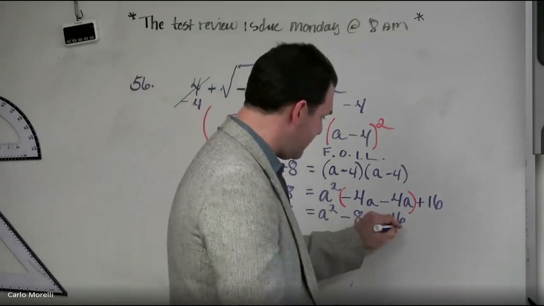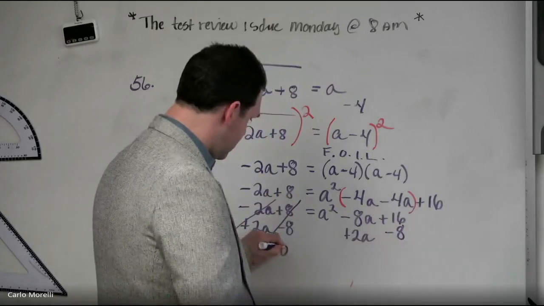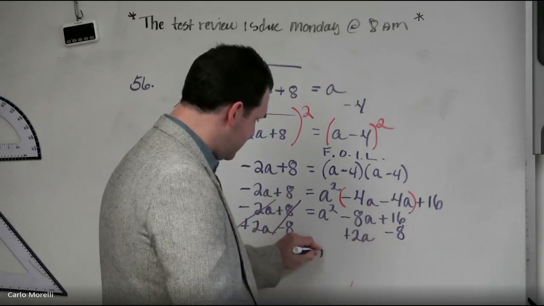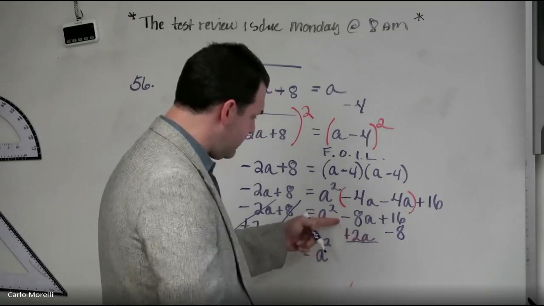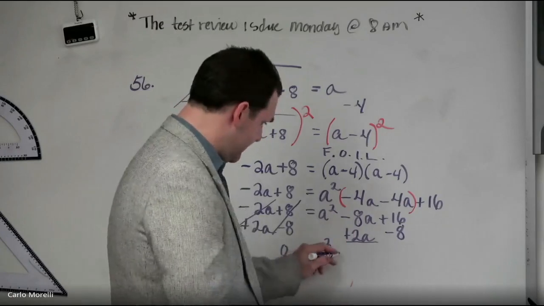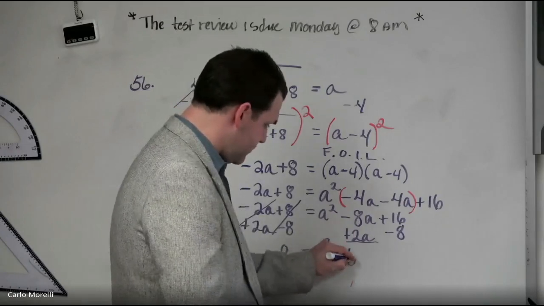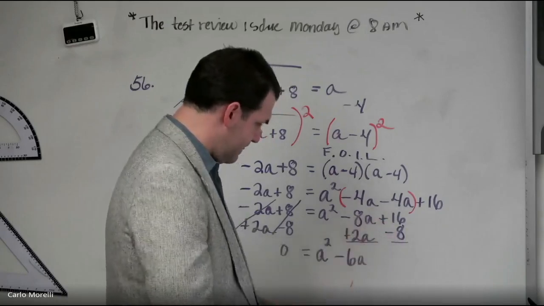I'm combining these two steps here. 0 equals a squared. Now think about it. I've got negative 8a plus 2a. What's that? Negative 6a. Good job. What's 16 minus 8? Plus 8.